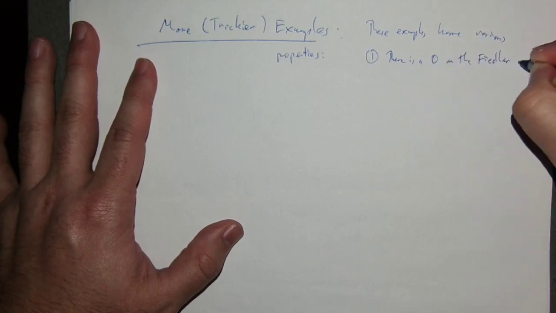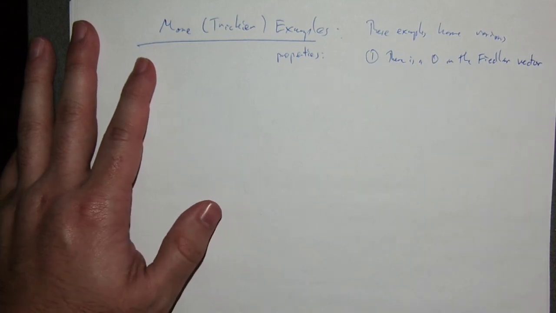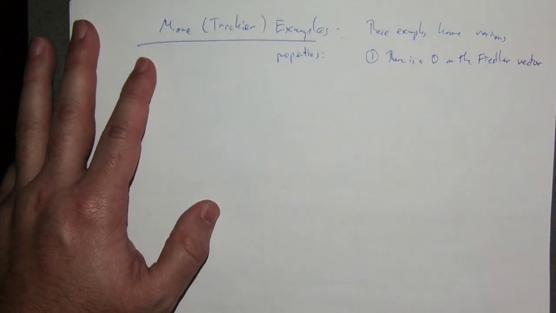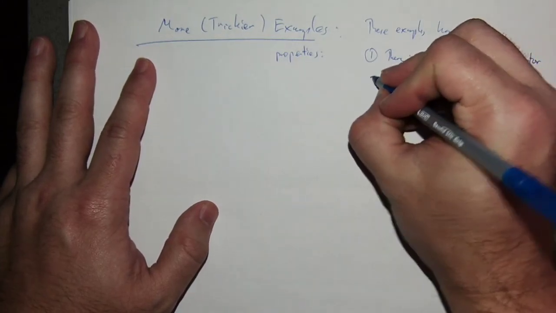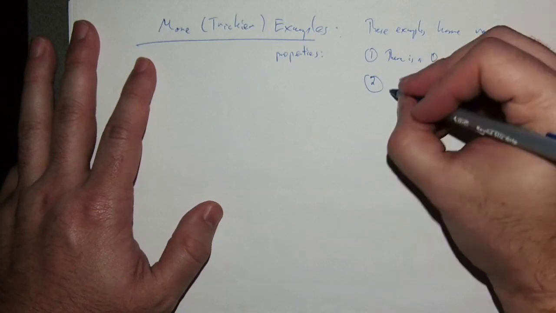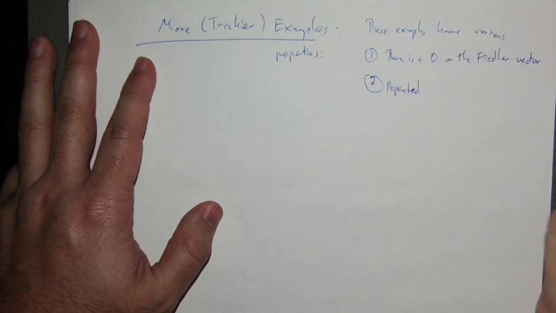We've talked about how you can manage this. One is you just make a choice, and you decide to group it in one group or the other. Two, repeated values in the Fiedler vector might yield choices. We saw an example, and we're going to revisit it, where you had a bunch of repeated entries.